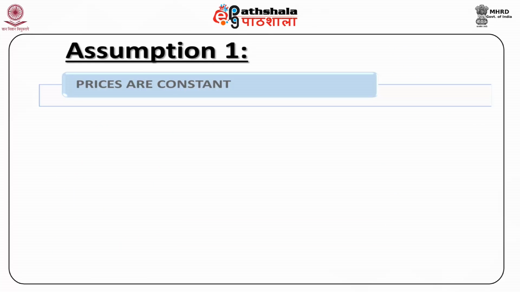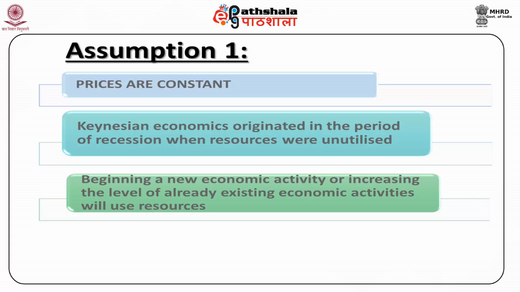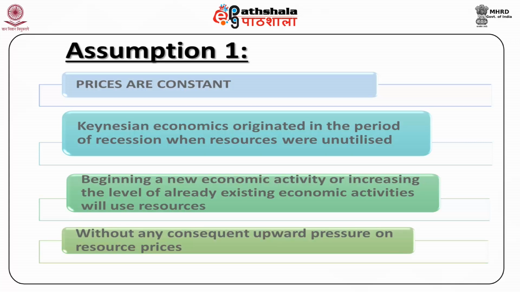The need for this assumption arises as Keynesian economics originated in the period of recession when resources were unutilized. Hence, beginning a new economic activity or increasing the level of already existing economic activities will use resources but without any consequent upward pressure on resource prices.